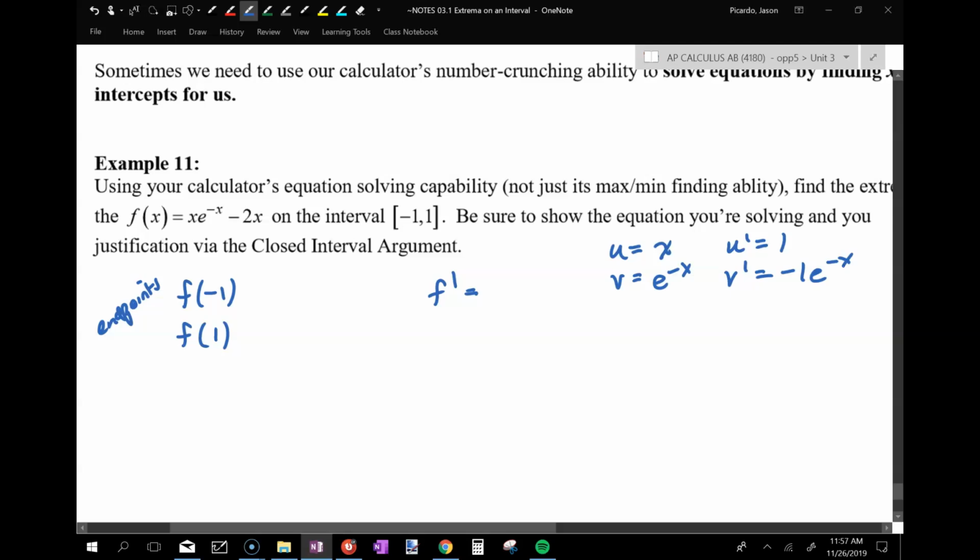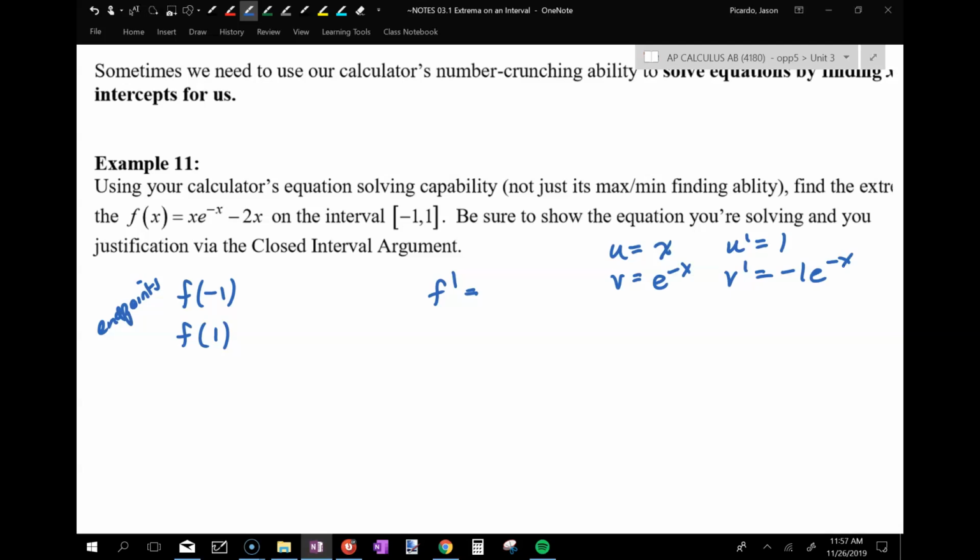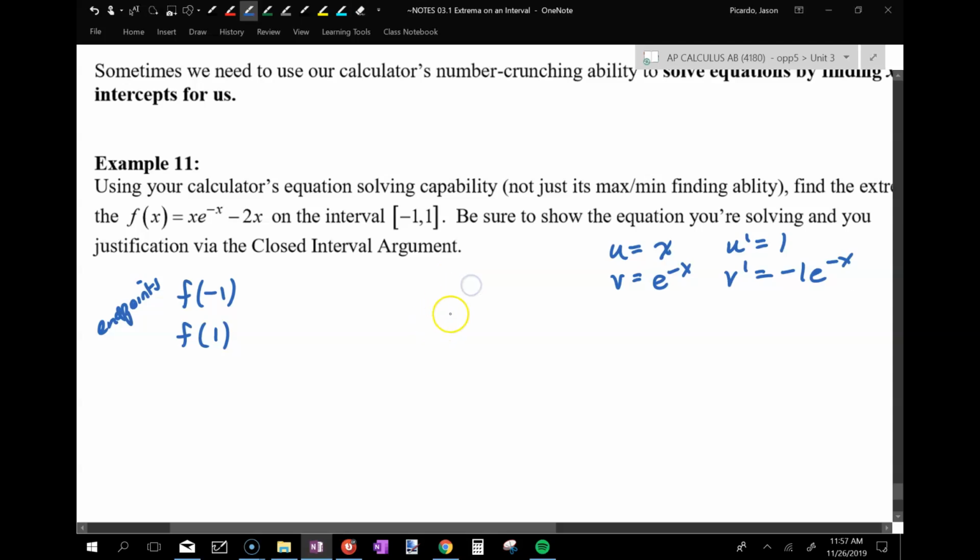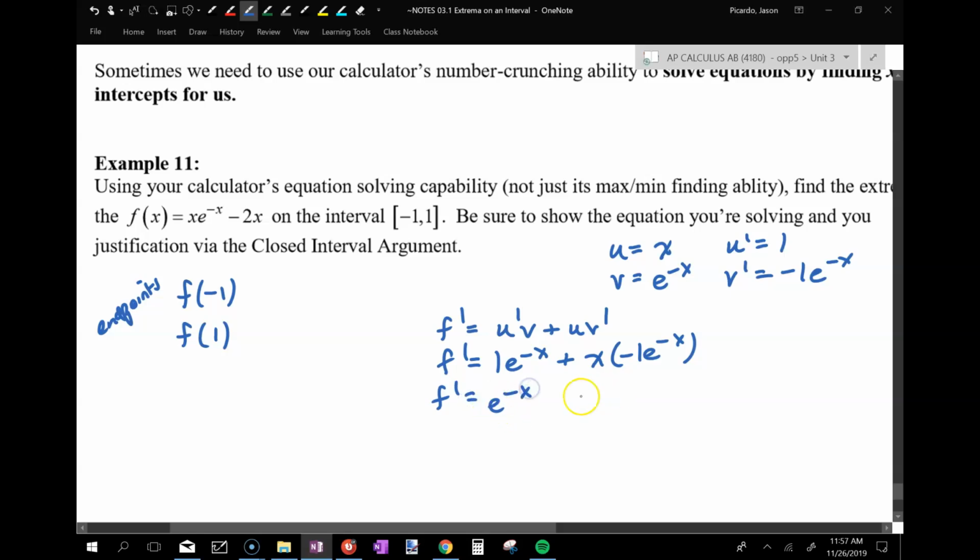I already dealt with that -x by using the chain rule, didn't I? So what's the derivative of that first piece? It is 1. What's that? Or that.